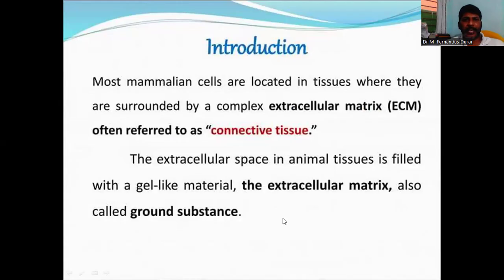Most mammalian cells are located in tissues where they are surrounded by a complex called the extracellular matrix, or ECM. This is often referred to as connective tissue. The extracellular space in animal tissue is filled with a gel-like material, the extracellular matrix, also called the ground substance.